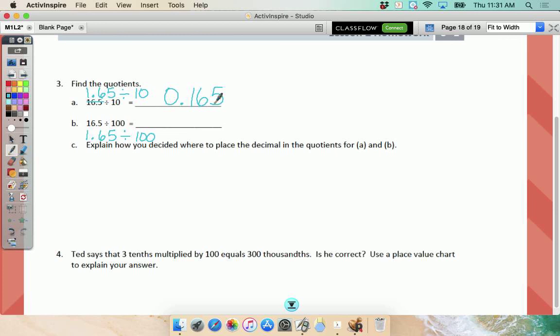Now, how smart are you? Pretty smart. Is there any way you think you could figure out this next answer in your head? Yes. Tell me how you think you can do it, Carter. It's because you do the decimal trick, right, and then you would go over one more.